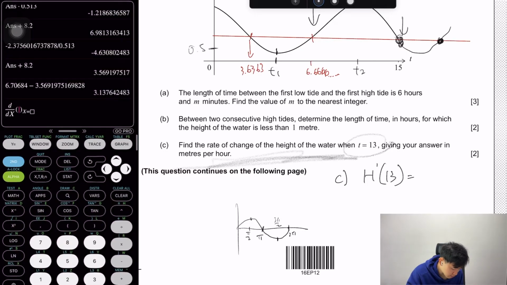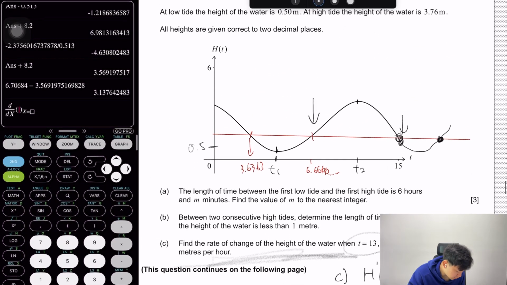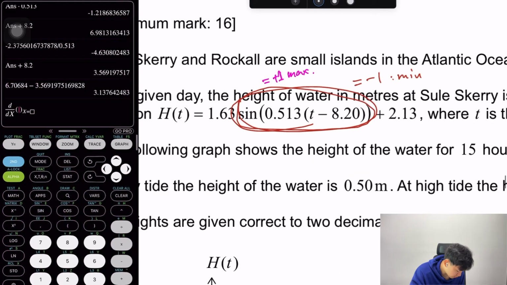Okay, so the dx of the whole thing, which is you input in a calculator, 1.63 times the sine of 0.513 open bracket alpha x minus 8.2 close bracket, and then plus 2.13, and then at x is 13.